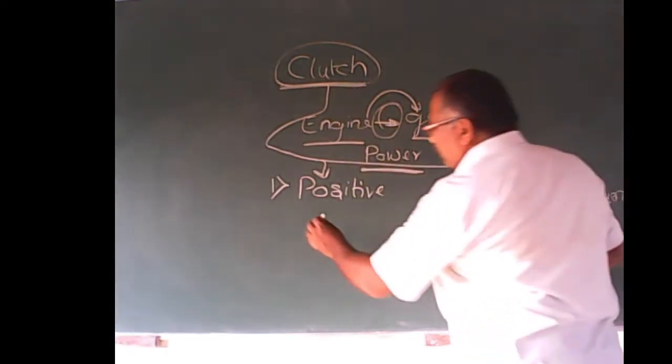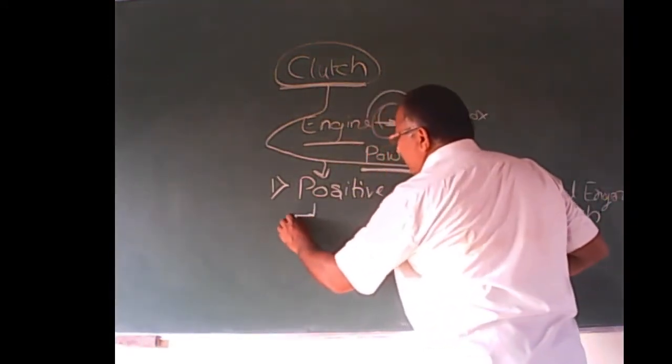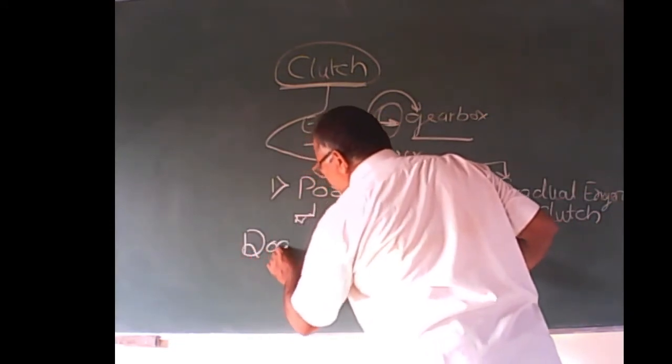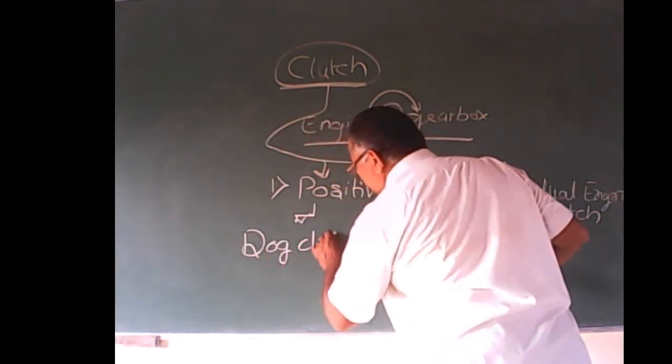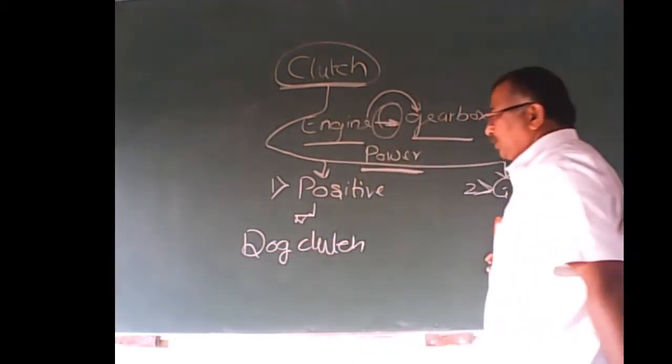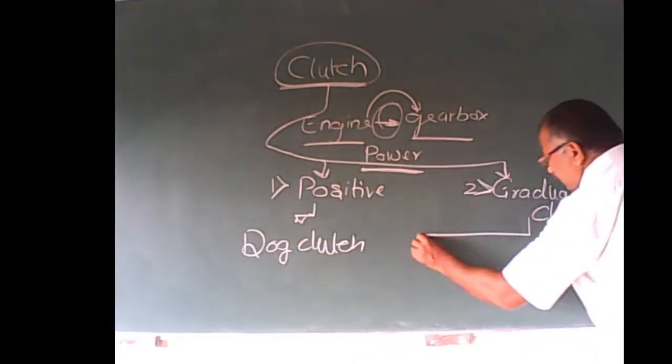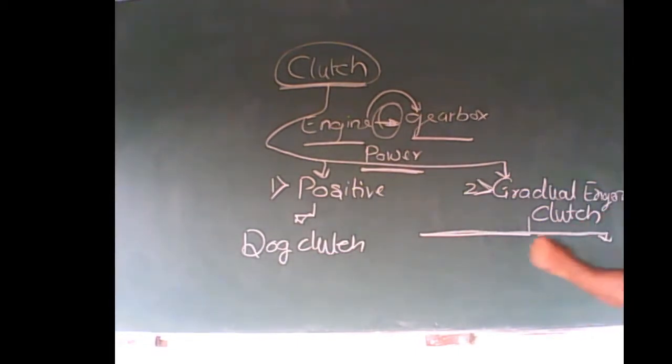In positive clutch, we are having only one type, that is dog clutch. And under gradual engagement clutch, we are having two types.